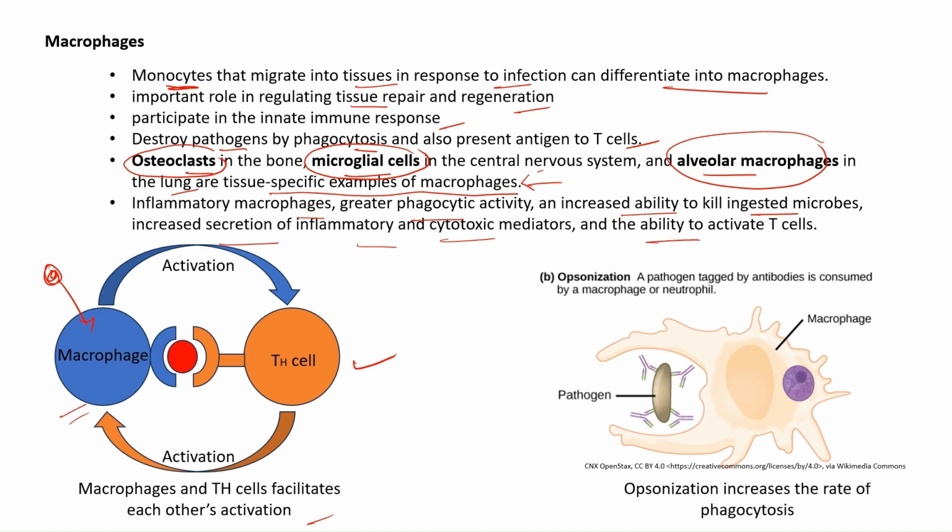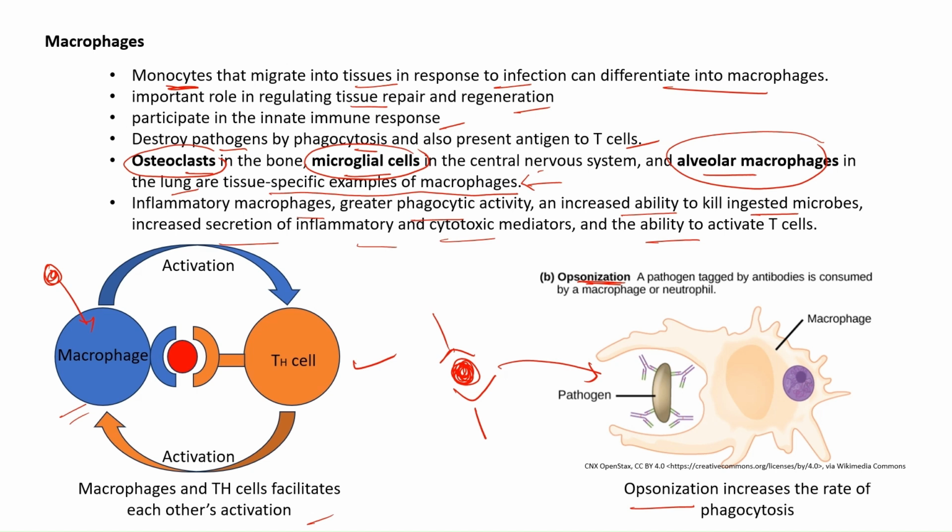Now, one more function of macrophages is that they perform the process of opsonization. Opsonization means, macrophages can engulf an antigen, but if this antigen is bound with an antibody, then the process of ingestion becomes faster and more effective, or the rate increases. The rate of phagocytosis increases, and this is known as opsonization.